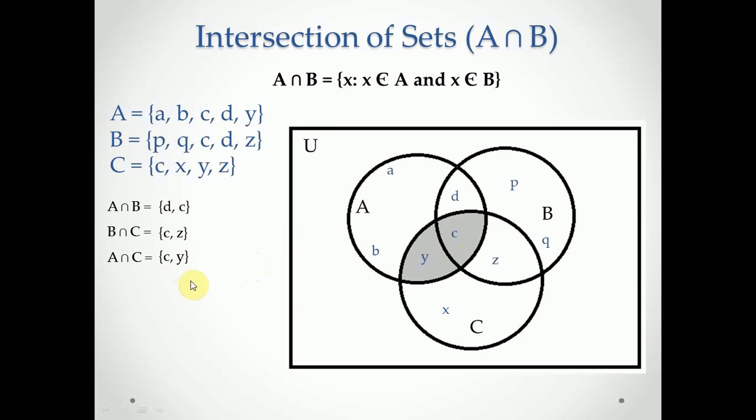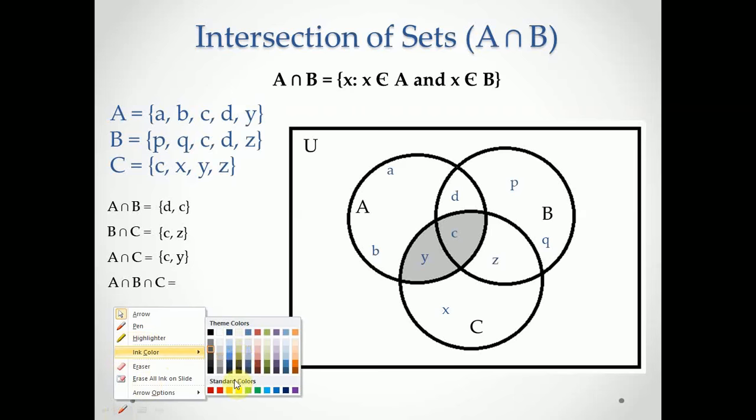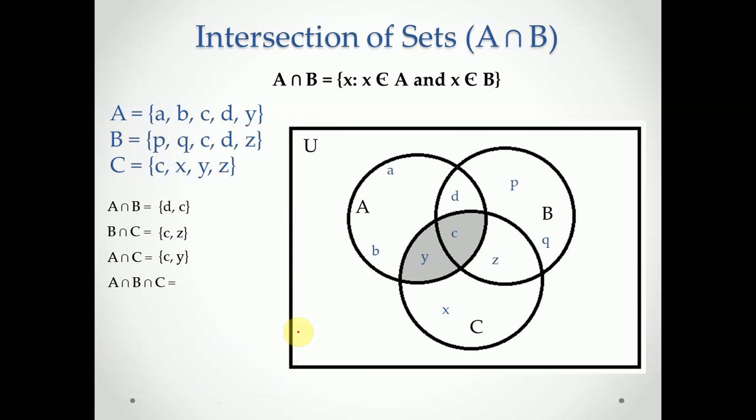Now similarly, the last case which you have to find is A intersection B intersection C. So let's try to understand it. What does it mean? It means simply that the element should come in all three sets. Okay, so from the Venn diagram, is there any element which is coming in all three sets? We can see the set A here, the set B here, and the set C here.